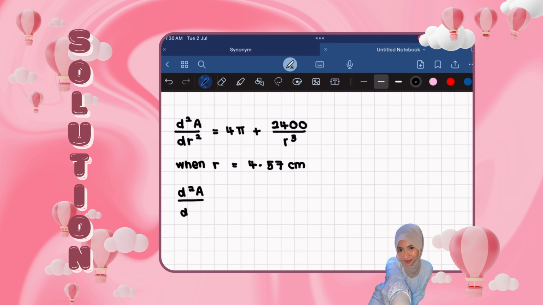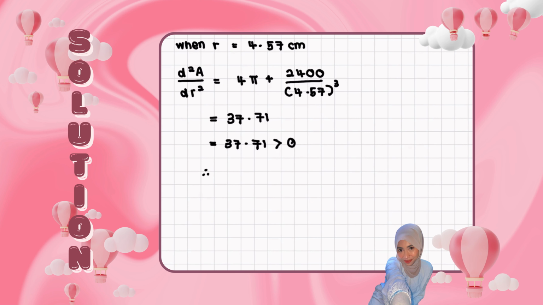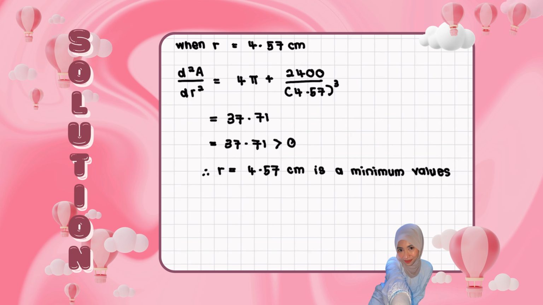So d²A/dr² equals 4π + 2400/4.57³. So we will get the answer 37.71, and as we know that 37.71 is greater than 0, so the value of r equal to 4.57 centimeter is a minimum value.